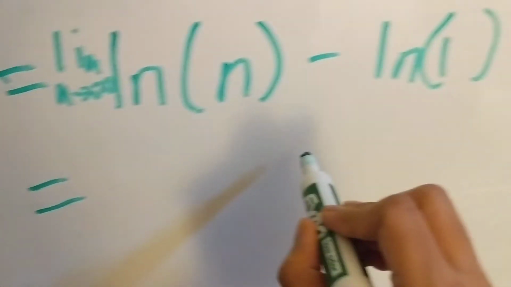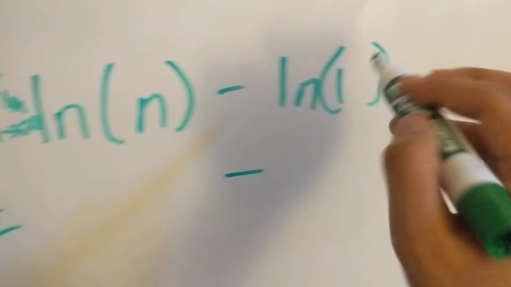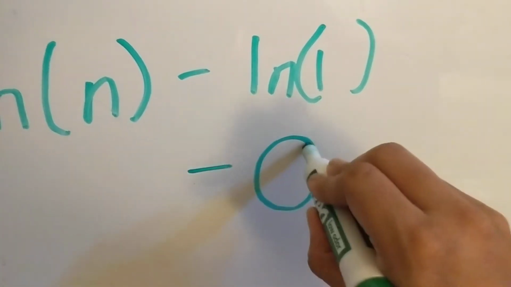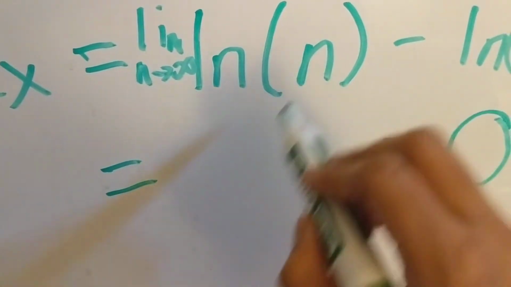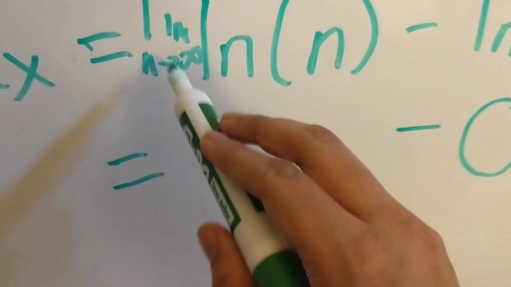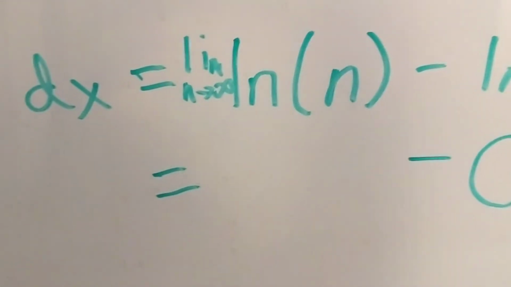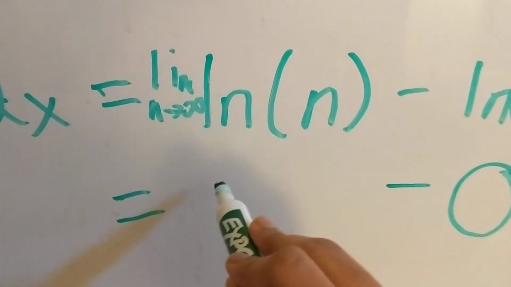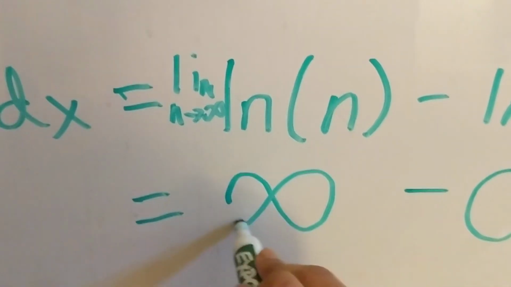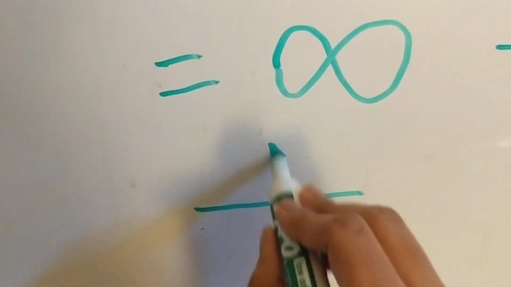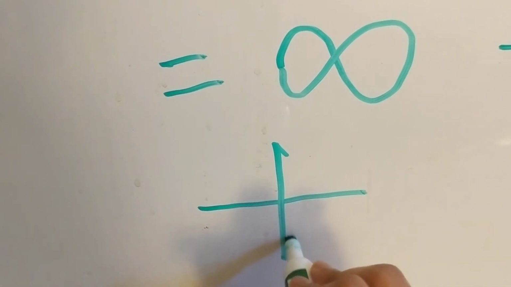So basically we can solve this now. ln of 1 is just 0. And ln of n, as n approaches infinity, is just infinity. If you don't know, I'm going to draw a little mini version of the graph of ln of x here.